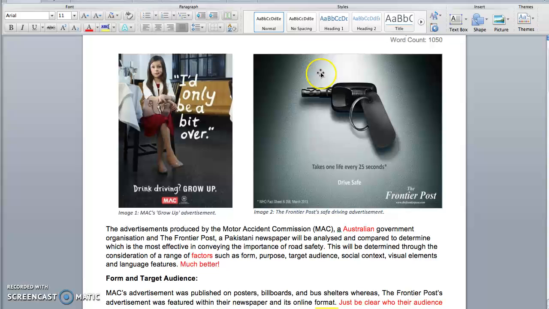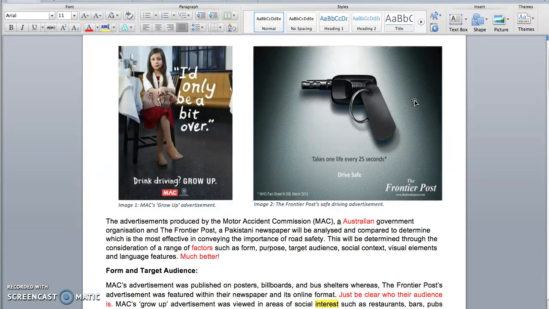Look at the lighting here and the way that it's very stark. The overhead shot means that this is very much in the foreground. The lighting is stark. It's highlighting the gun with this dark shadow around it, which, as I think you said, is ominous.